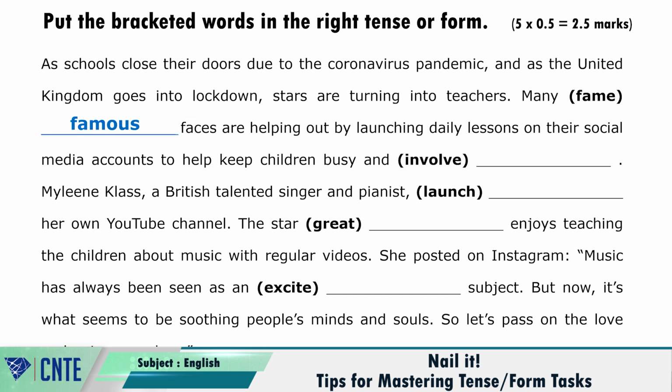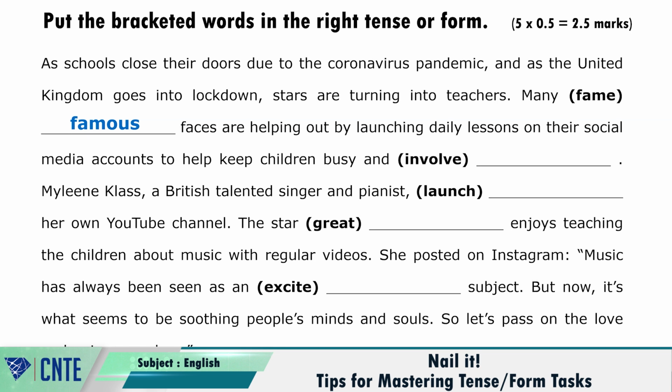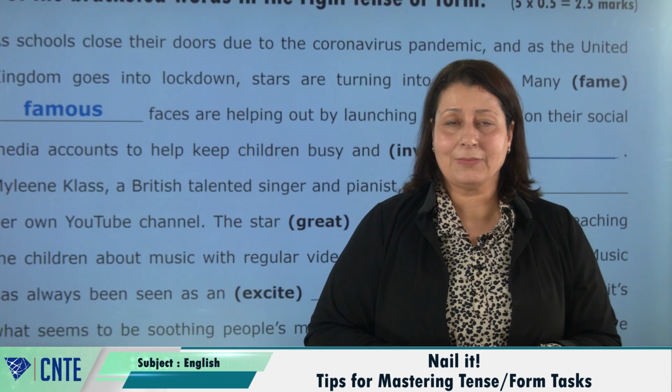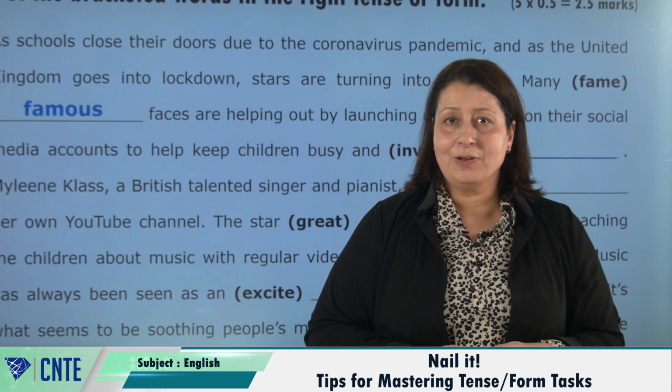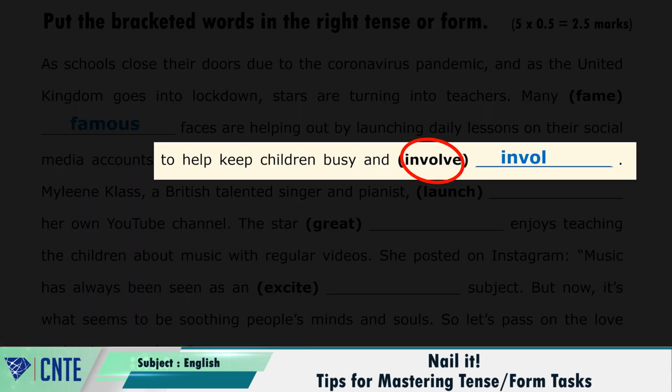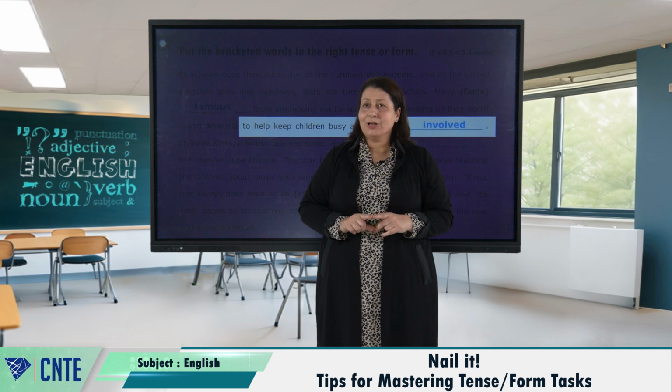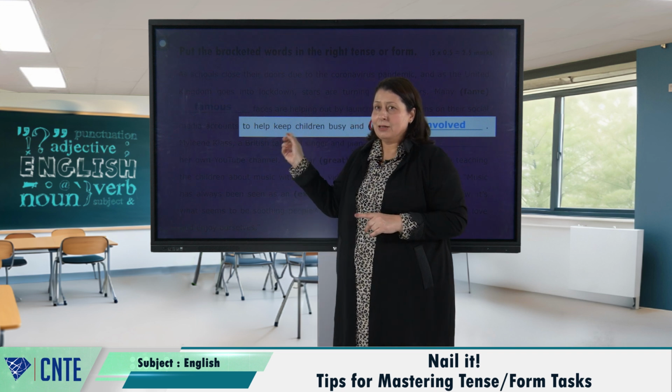Good. Let's carry on. Many famous faces are helping out by launching daily lessons on their social media accounts to help keep children busy and involve blank. In this context, involve should be turned into the adjective involved to match the structure of the sentence. Just have a look at it, please.